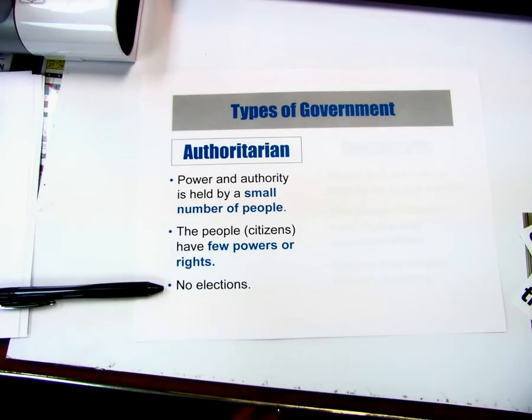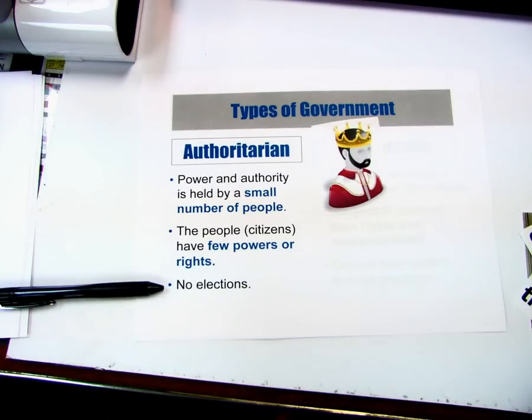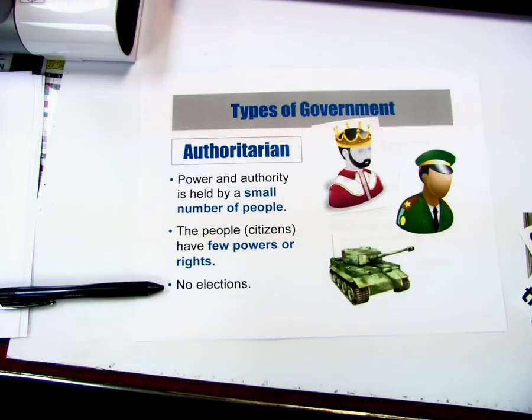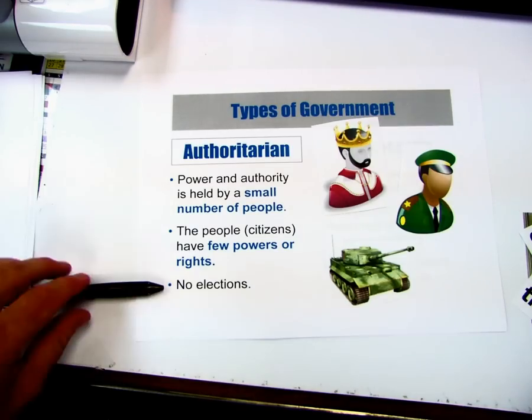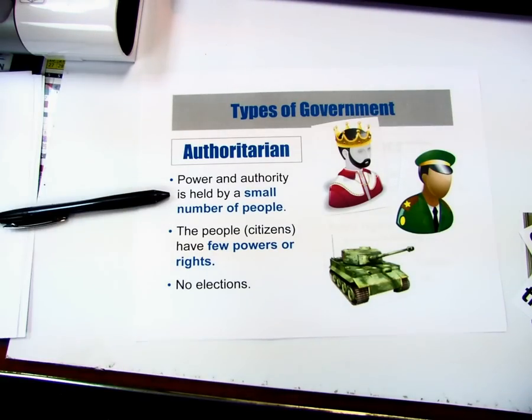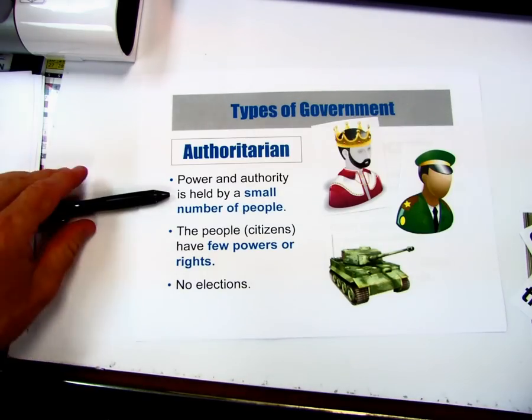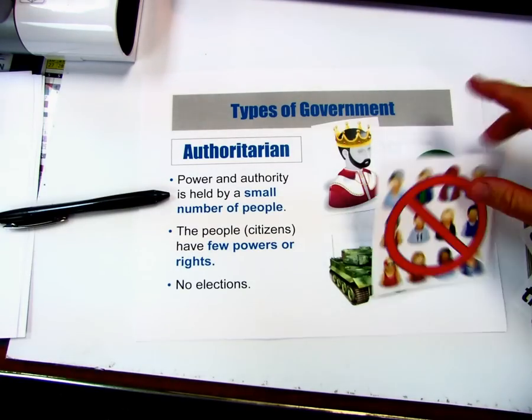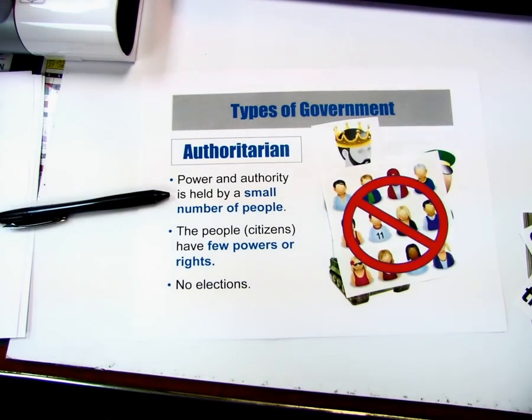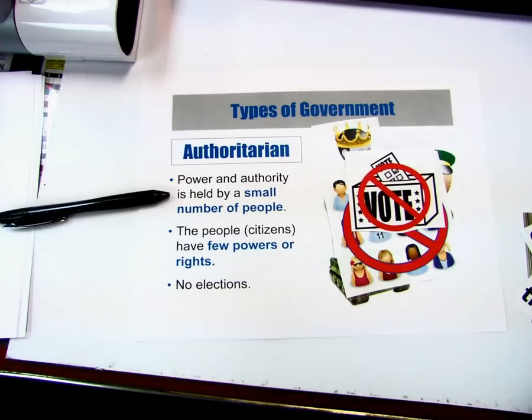So for example, in an authoritarian type of government, you may have a king or a dictator or even the military running the country. A small number of people hold the power and the authority. Again, the citizens have few powers, rights, or responsibilities, and they have no elections in order to change the leadership of their country.